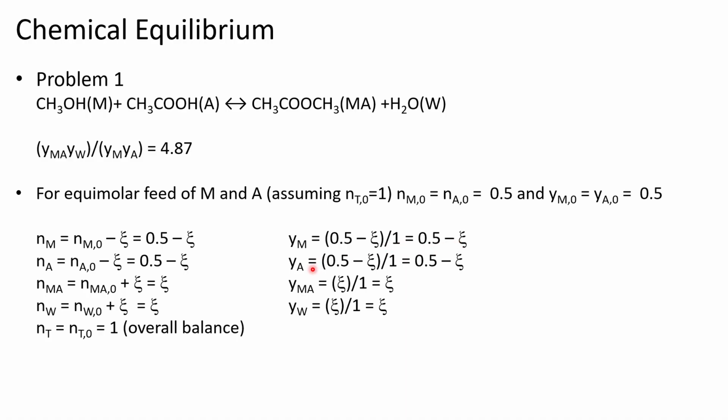We do the same thing for the acetic acid. We take the number of moles divided by the total to get the mole fraction. And we do the same thing for methyl acetate and water. What we find is that the mole fraction of methanol is 1/2 minus xi. We have the same expression for acetic acid, and the mole fractions of both methyl acetate and water are equal to xi.